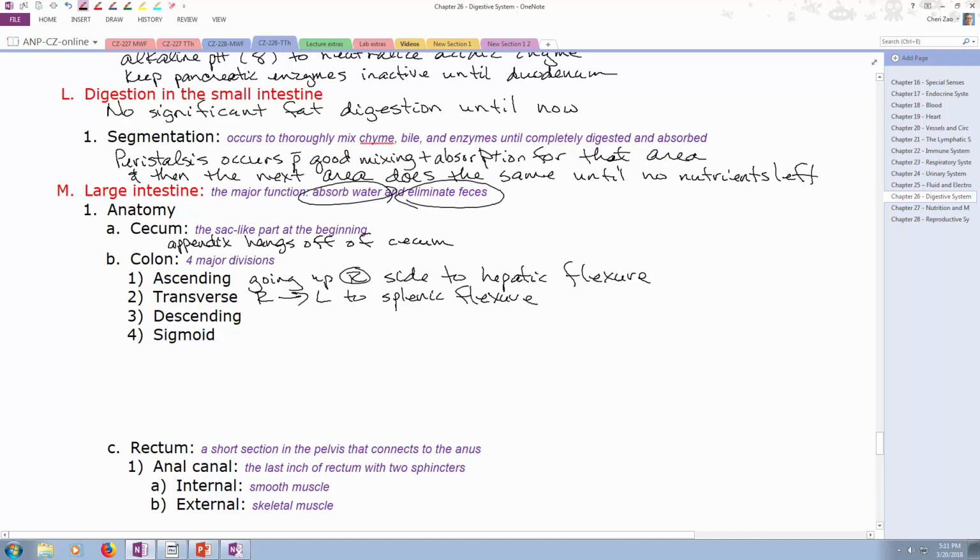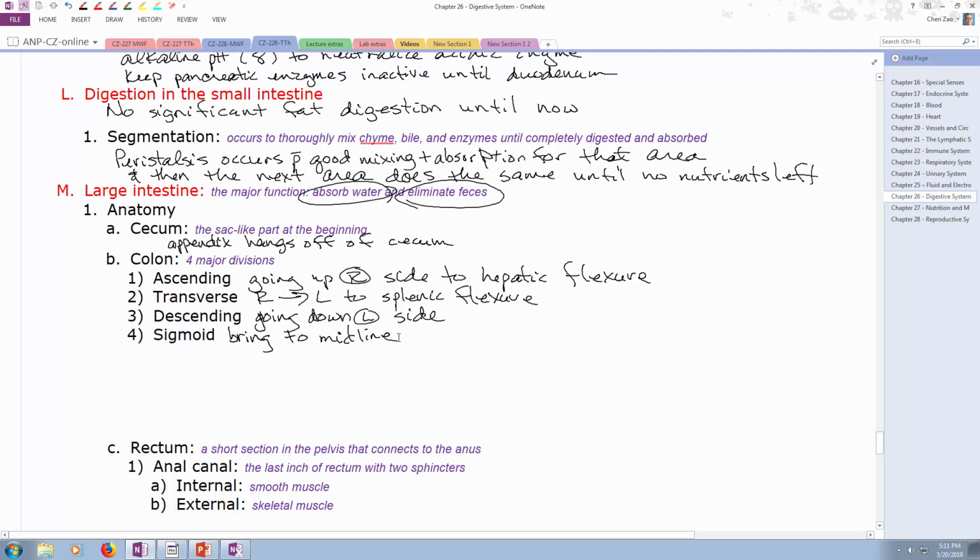Then the descending colon, where foodstuffs, or actually fecal materials, are going down the left side until you get to the sigmoid, which is designed to bring the colon and contents to the midline of the body.